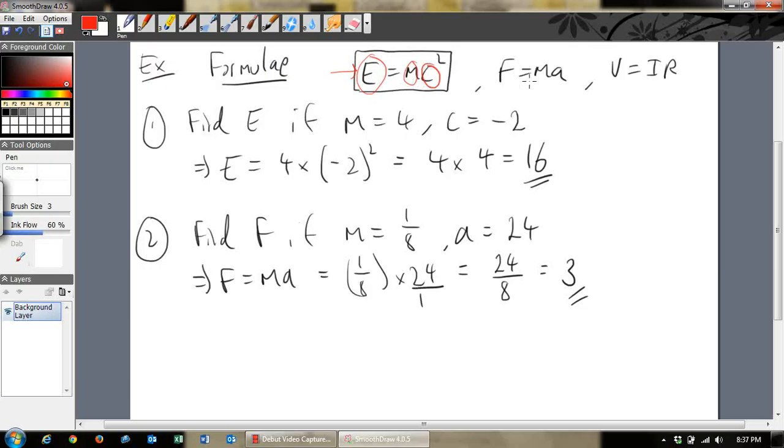Ask Stephen Hawking about this. This one is the force of any object, how hard it hits you, is equal to its mass times its acceleration. So the faster it accelerates, and the heavier and more dense it is, the more its force increases. And this one is the voltage in an electrical circuit is equal to its current times its resistance. These are all very well known formulas.